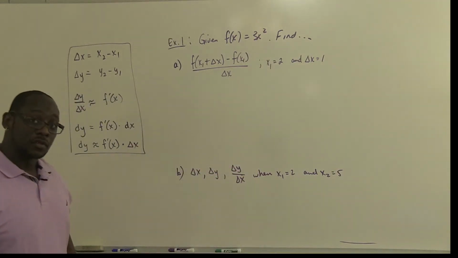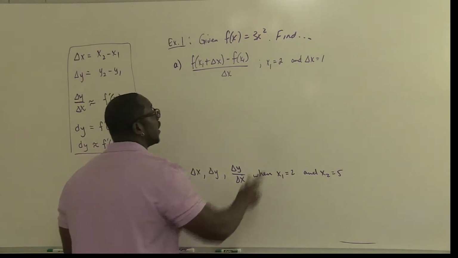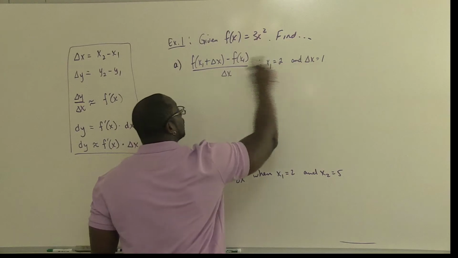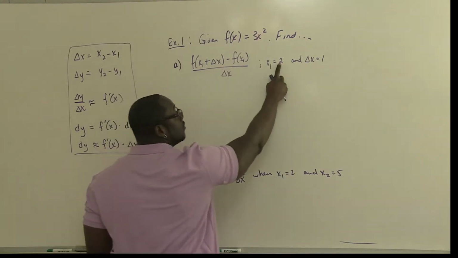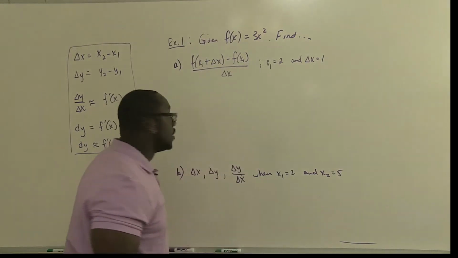Okay? So we'll start off here. So the first thing that we know is that our delta x is just 1, and we can put that right here. And we see that our x1 is 2, so we can put that there.